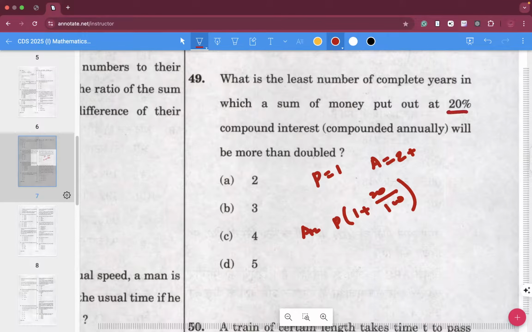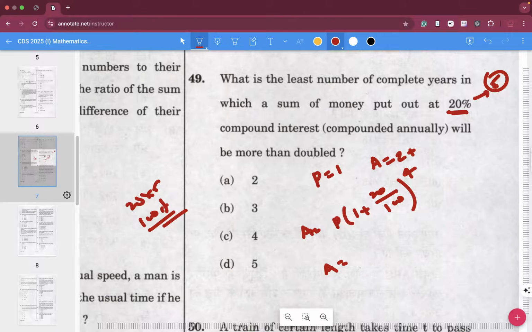See, even if it is simple interest, it will double in 5 years, right? 20 into 5, in 5 years with simple interest, that's how it will grow. But this is compound interest, and compound interest will increase very fast. Can I put 4 over here? If I put 4, you know amount, P is how much?